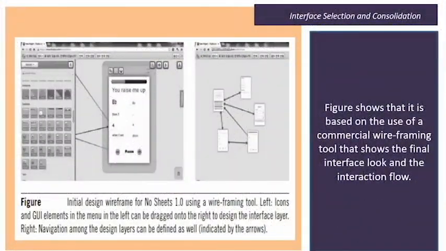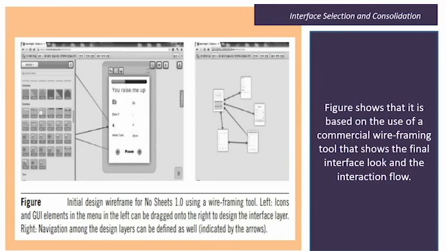So I think we're done. So that is the No Sheets application version 1. It went through processes: from requirements, then user analysis, then making the scenario and task modeling, and then interface selection and consolidation.